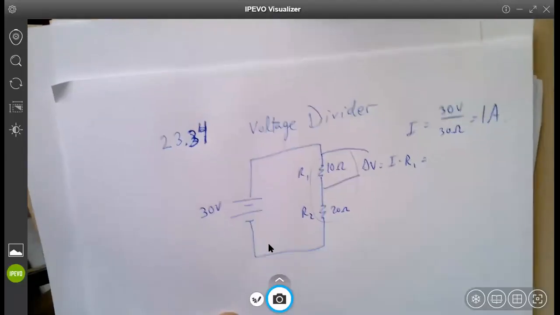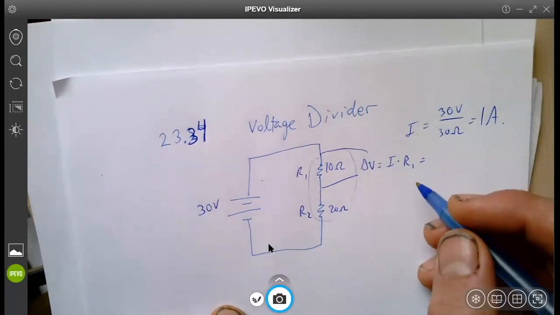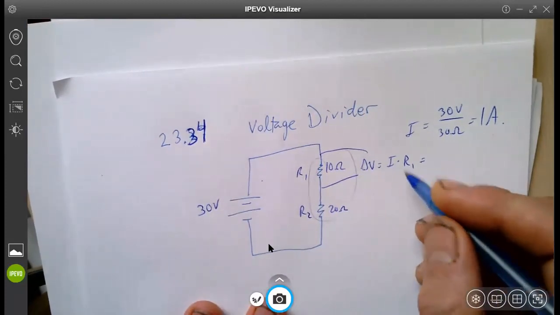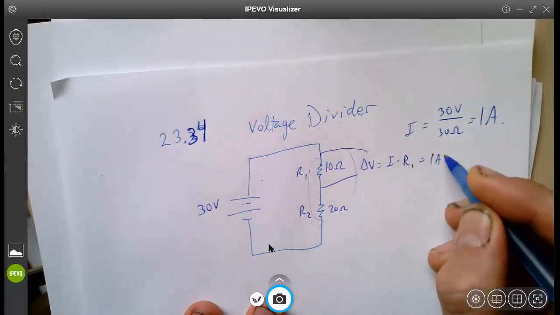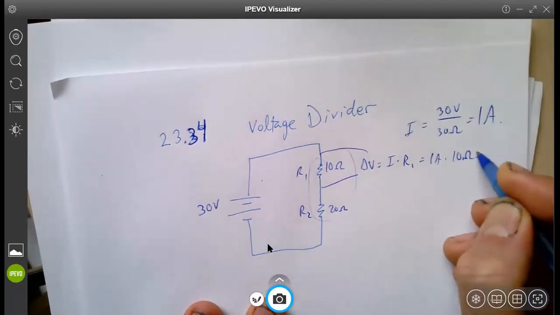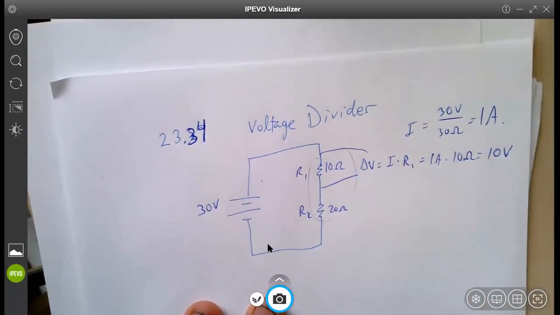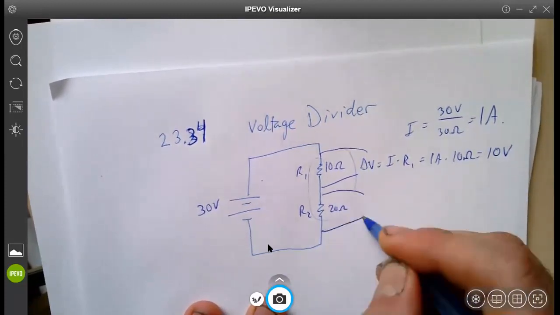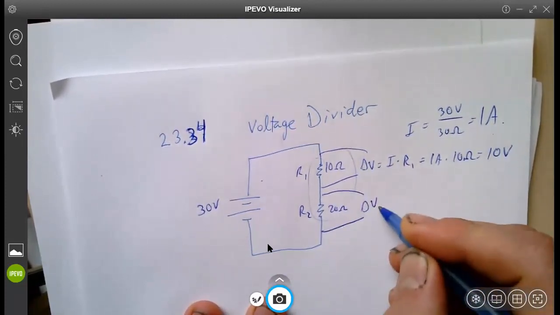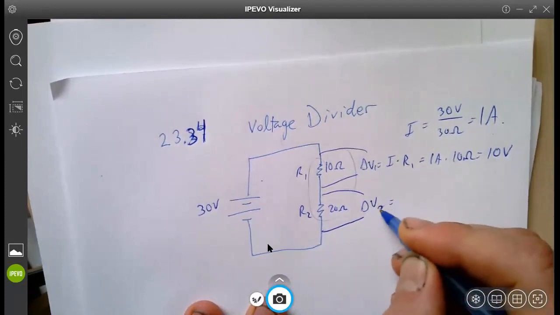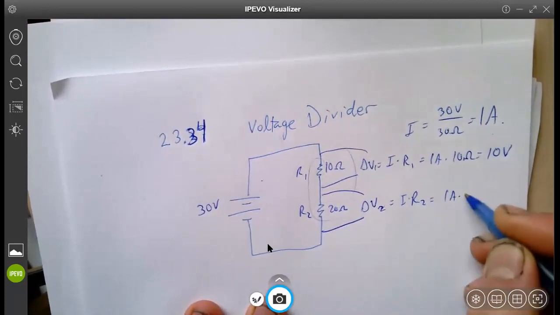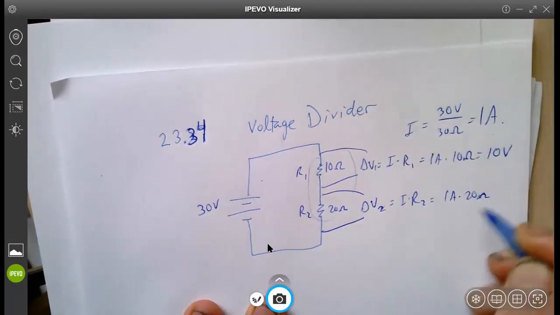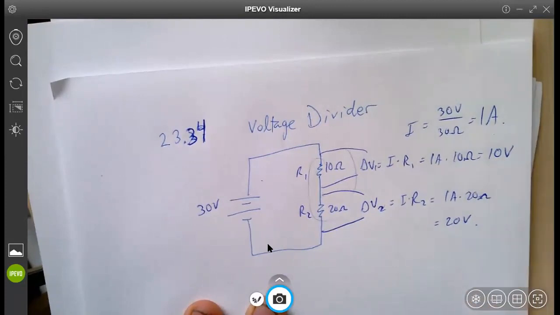All right. So in this case, if we wanted to figure out the voltage drop across this resistor here, delta V is equal to that current times the resistance. So that would be 1 amp multiplied by 10 ohms. In other words, this is a 10 volt drop across the 10 ohm resistor. And if I wanted to figure out the voltage drop across R2, we could say that this is equal to I times R2, which is 1 amp times 20 ohms, and this is equal to 20 volts.